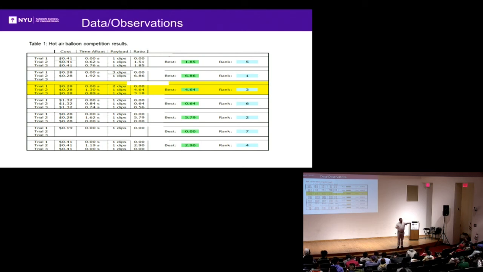So back to these gentlemen here. There was once a rule that said if your balloon did not float for at least a second, the time afloat was 0. Some TAs may still believe that that rule exists. I do not know for certain if that rule still exists or not. Well, it's not in the manual because I checked. Okay.